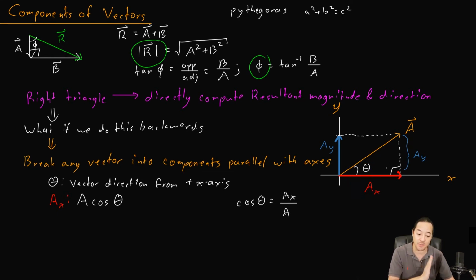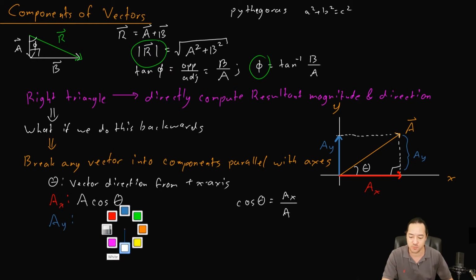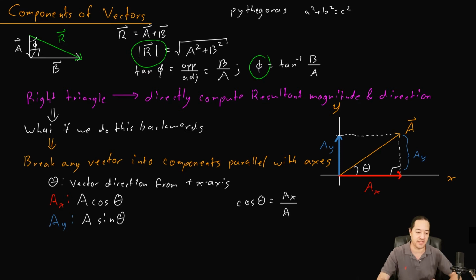And so opposite over hypotenuse is going to be sine of theta. Solving for A sub y, we're going to see that A sub y is equal to A times sine of theta. And so here we are. We're able to use this angle theta to create x and y components of any general vector that we're calling A. This is really good.